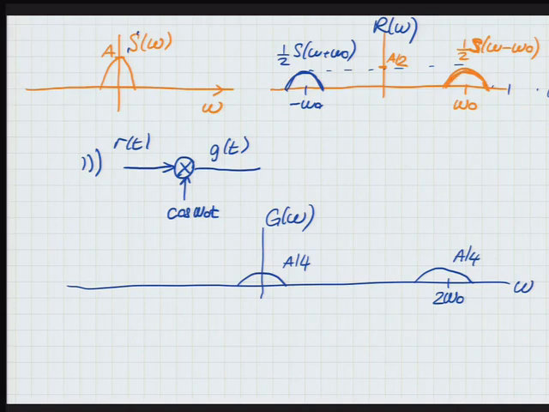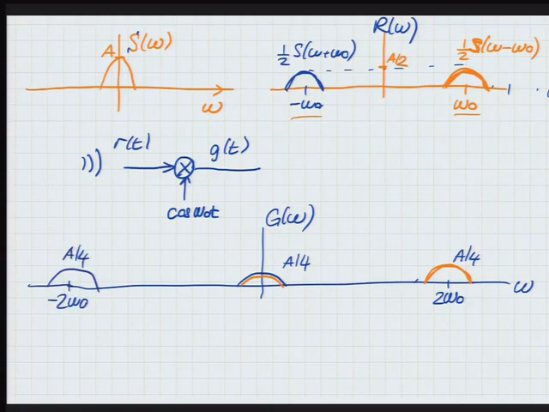Oh, I'm sorry. I did that already, so I missed my color code now. Okay. I'm going to color this orange. So you know where it came from. And then I have to take the same thing and shift it to the left this time. So the orange guy this time will go to here, and that guy will go to negative 2 omega naught, and then have amplitude A over 4.